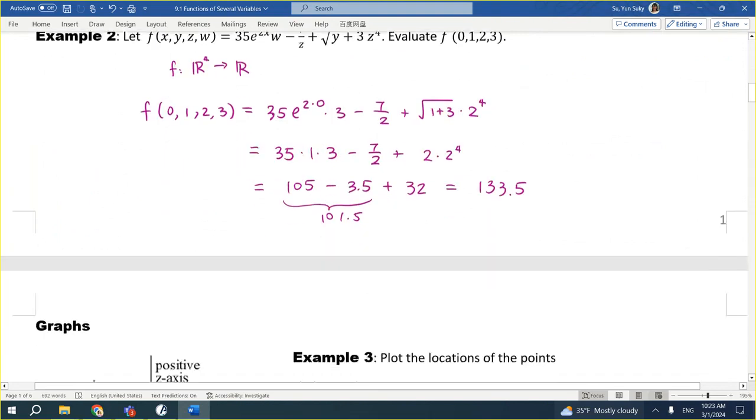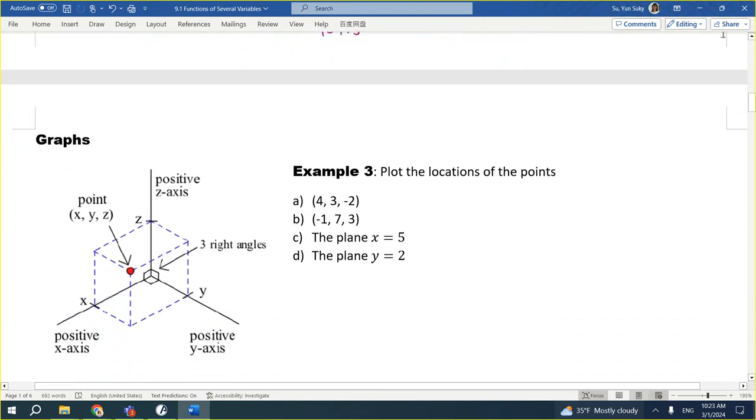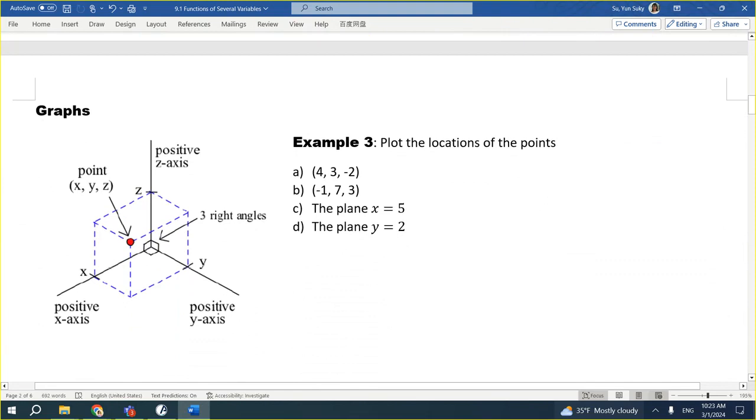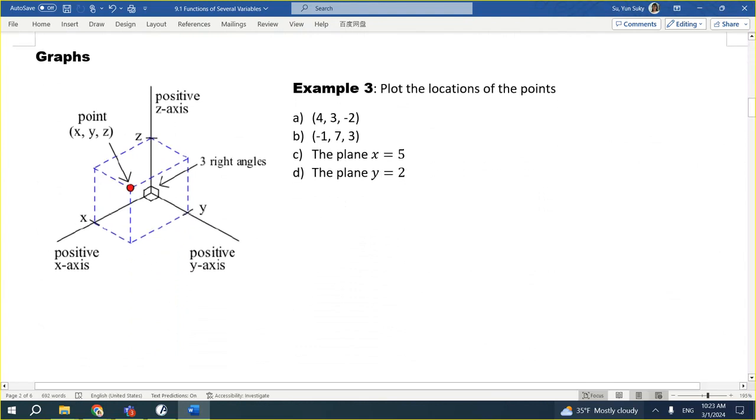All right. So now it's time to draw the graph. Okay, so how do we draw the graph? You have a point, that's the origin, and you draw 3 rays. This is the x, that's the y, and that's the z. And how do we plot the location of the point?